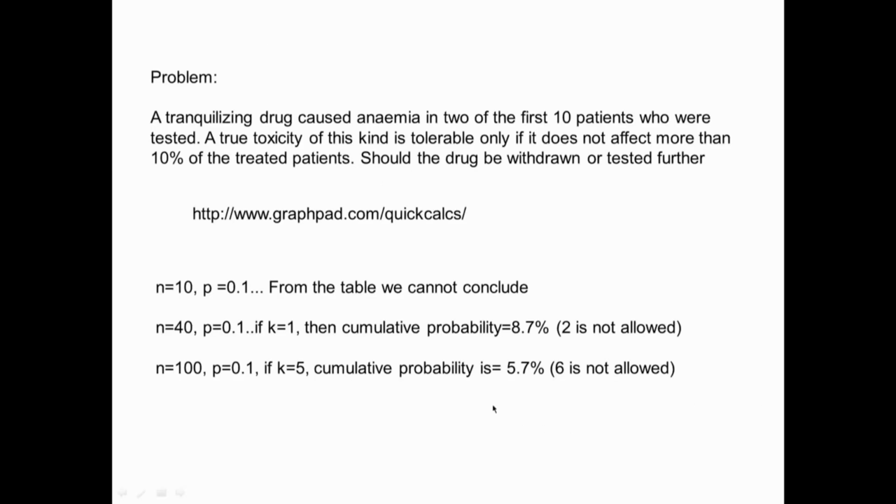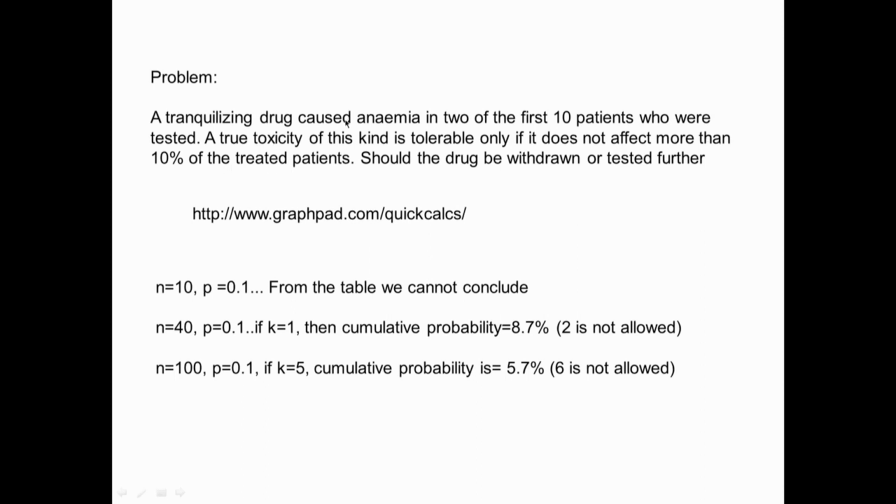Okay. Let us look at another problem. A tranquilizing drug caused anemia in 2 of the first 10 patients who were tested. So, I took 10 patients and then I gave the drug. The first 2 patients had some toxicity problem, but a true toxicity of this kind is tolerable only if it does not affect more than 10% of the treated patients.